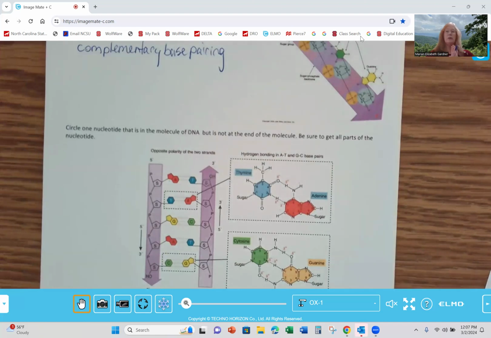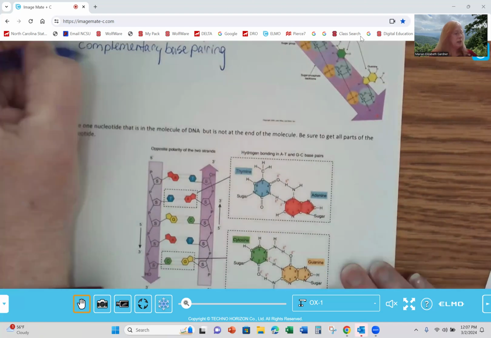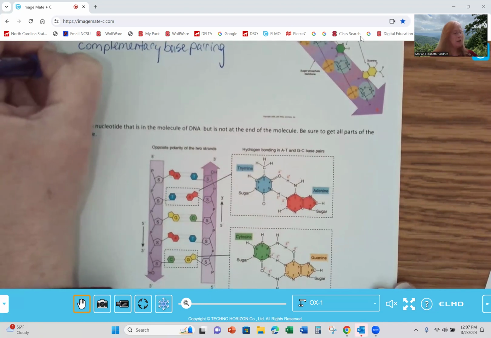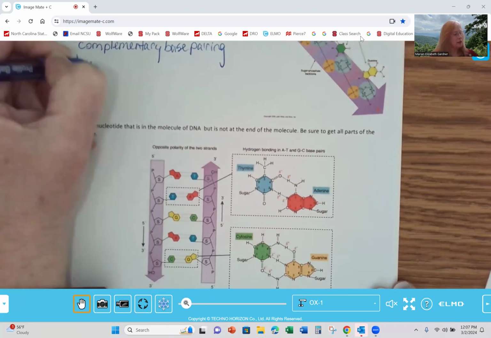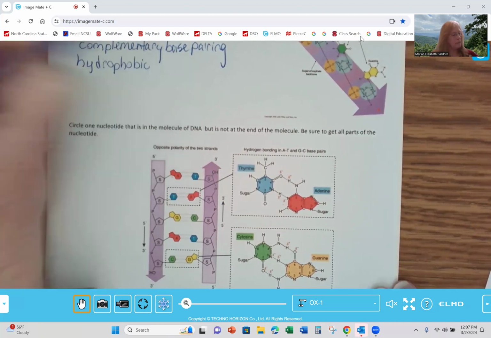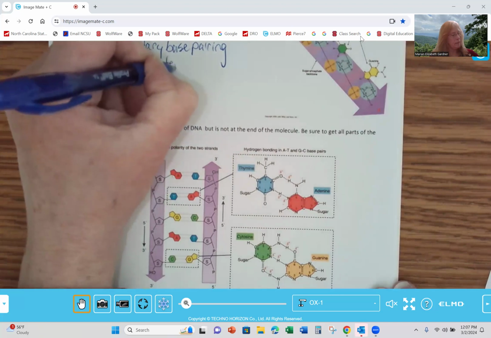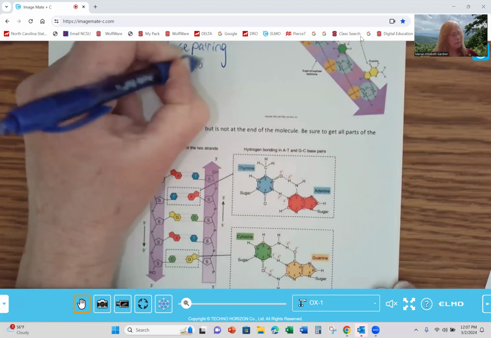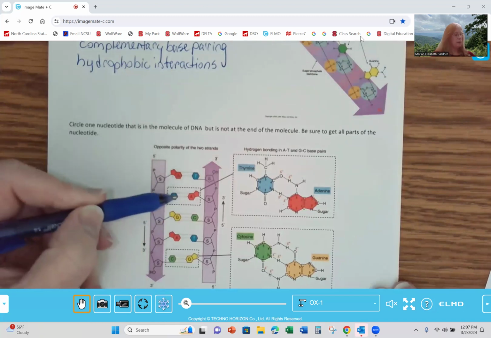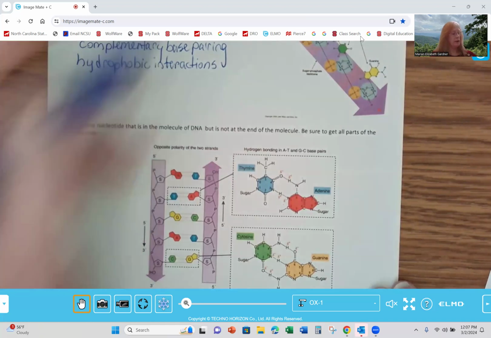Those hydrogen bonds are important for strand recognition, but the thing that really holds these 2 strands together are the hydrophobic interactions between adjacent base pairs, so between one base pair and the ones above and below it.